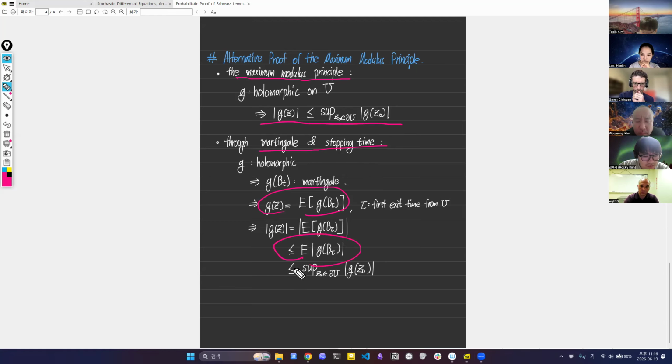And then finally we take the supremum. Then we can easily retrieve the maximum modulus principle through the stochastic method.